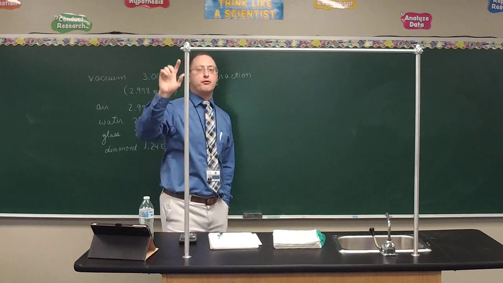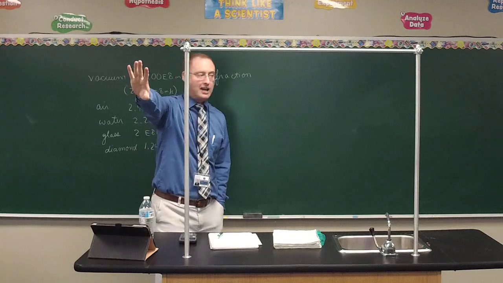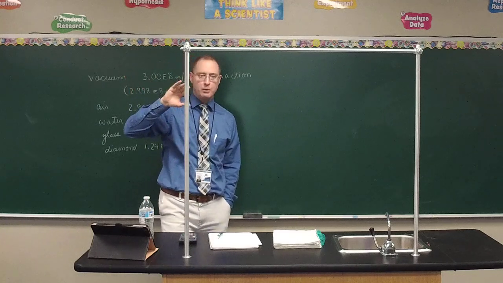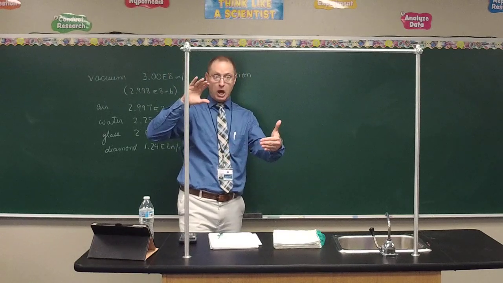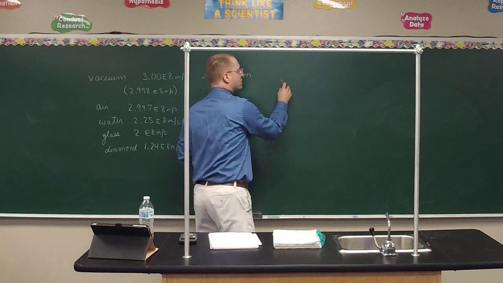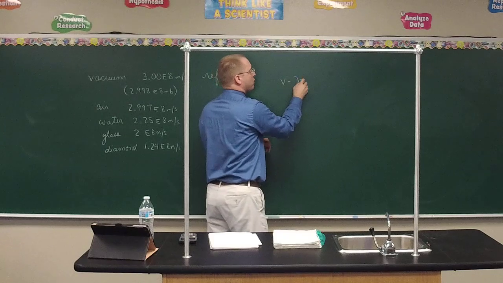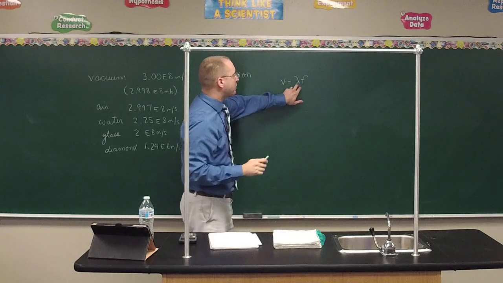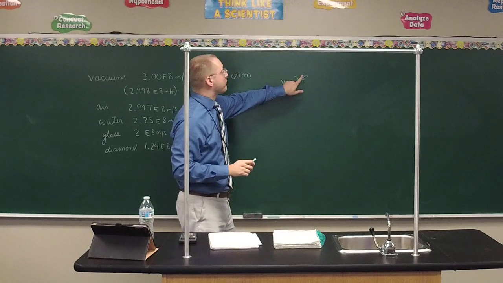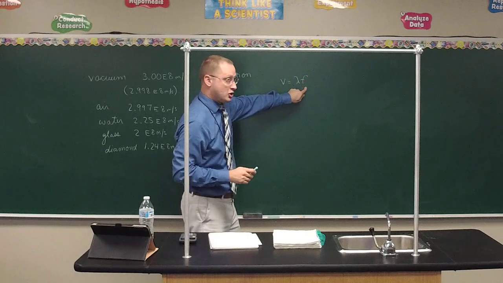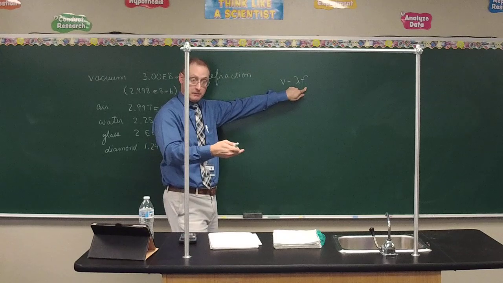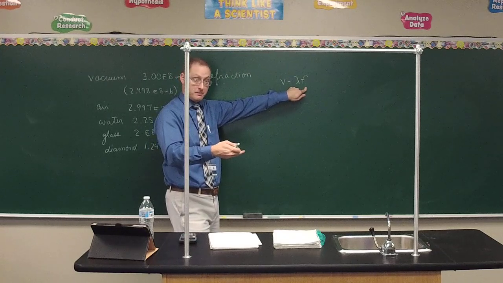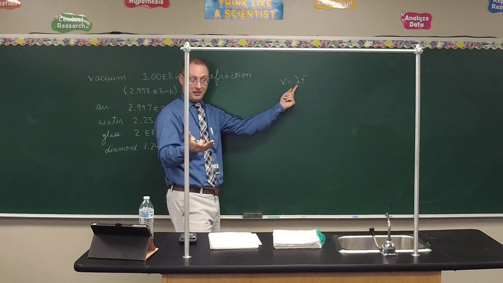That means that the frequency of light, as it travels through most media, does not change, because frequency is color. But remember, wave speed equals wavelength times frequency. Both of these affect wave speed. If the frequency does not change and the speed does, what must change with it? Wavelength, the other thing, right?